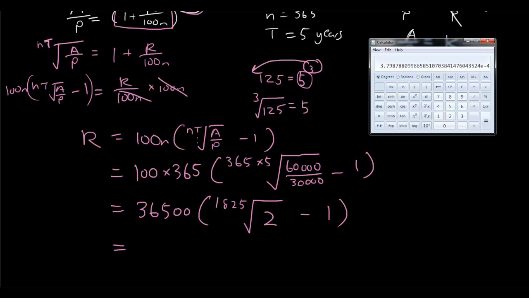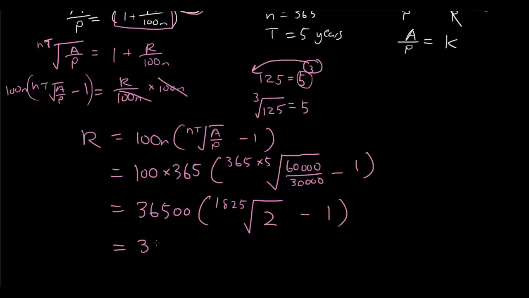So that's this part here in the bracket. And I might as well explain what this part is. The E symbol just means times 10 to the power of. So basically this number here is 3.798 times 10 to the power of negative 4.